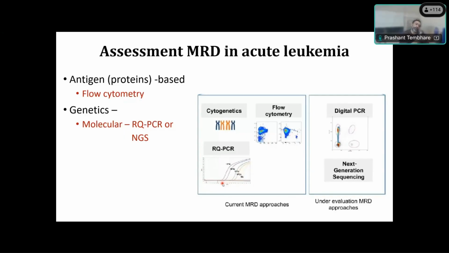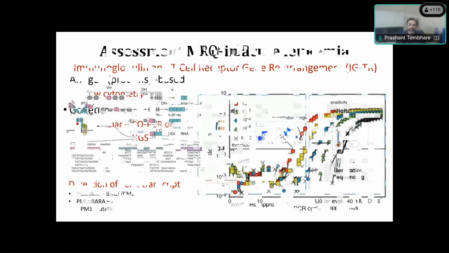One is protein based, that is the protein or antigen present on the cell, where we detect the number of cells based on the protein. The other is the presence of genetic abnormality, mutation, fusions or translocations which were present at the time of diagnosis. Okay, so these are the two principles.